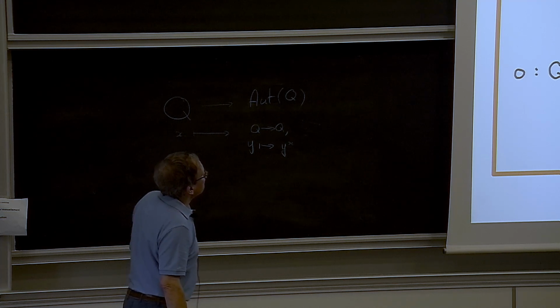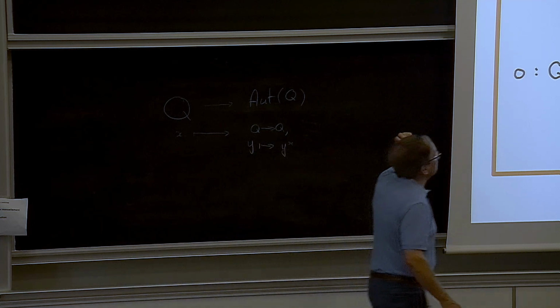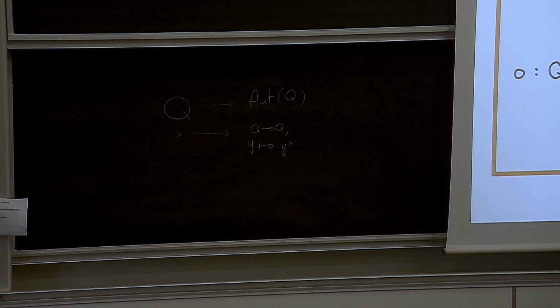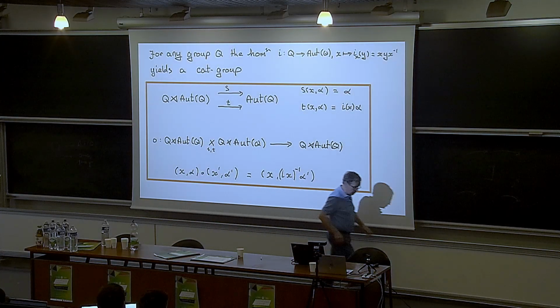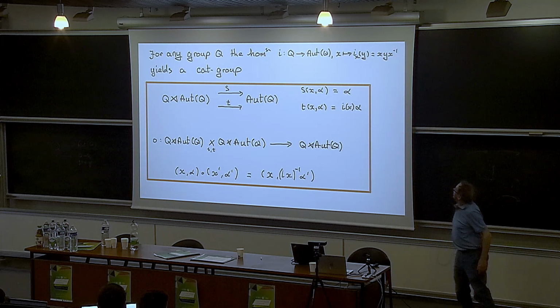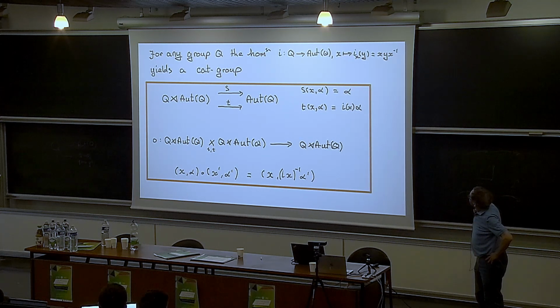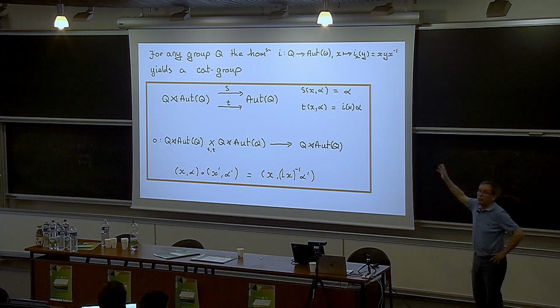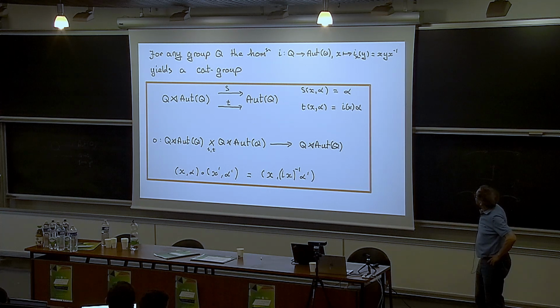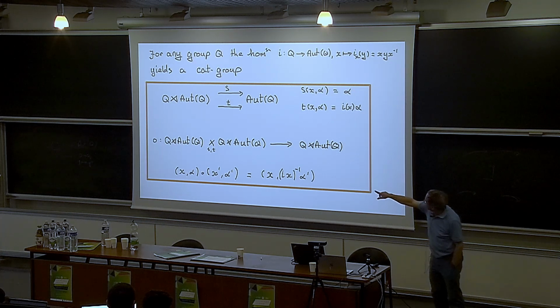Okay, so now I think I've explained everything here. For an arbitrary group, you can certainly construct two group homomorphisms, S and T, as shown there. So alpha is an automorphism, X is an element of Q, and you construct two homomorphisms. You can check that, and also you can construct a partial composition.